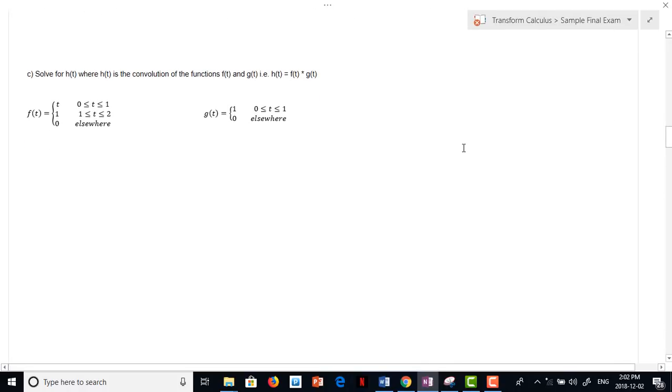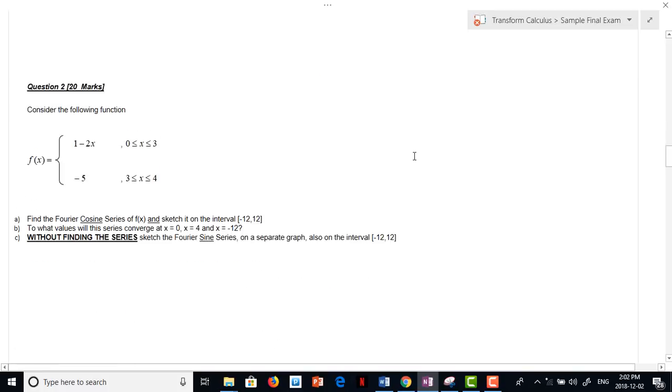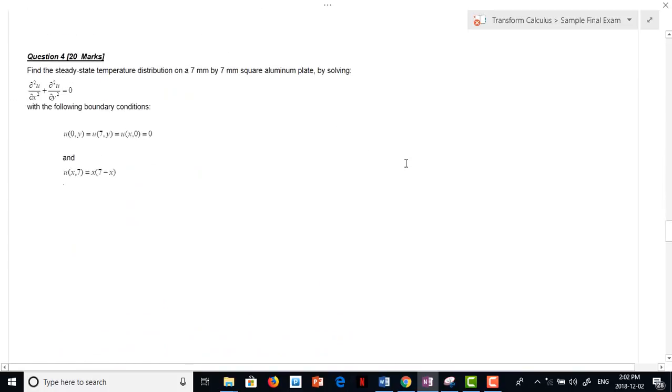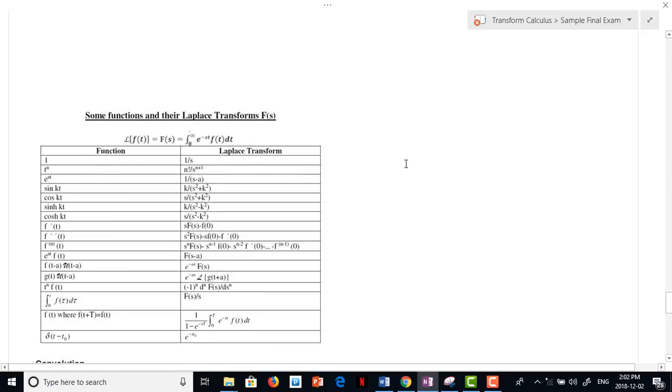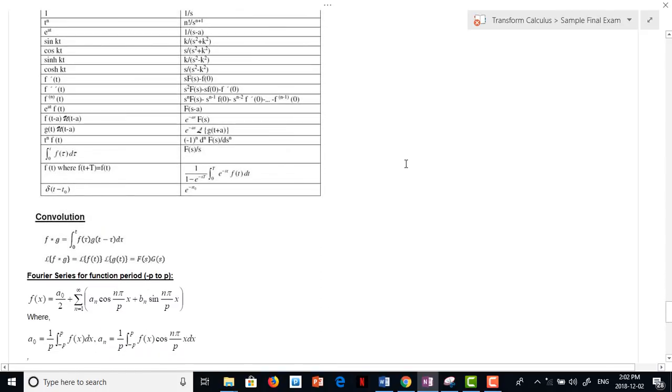In part 3, we have to solve h(t), which is the convolution of f(t) and g(t). So we have the definition of convolution in the formula sheet. It's given here.